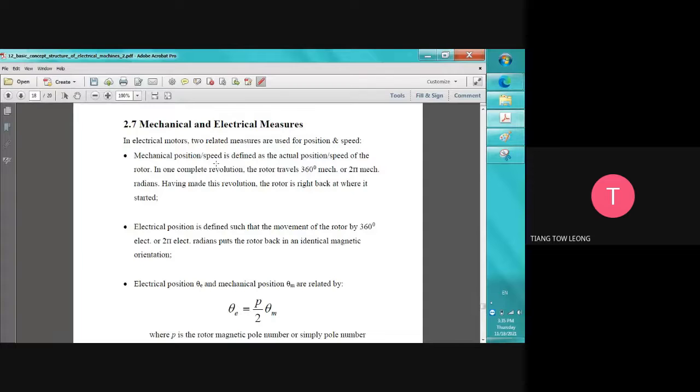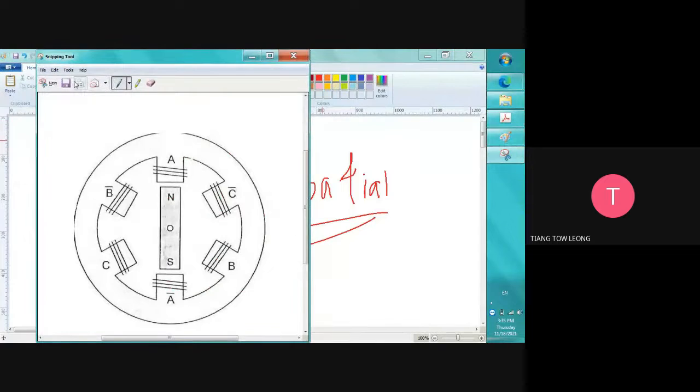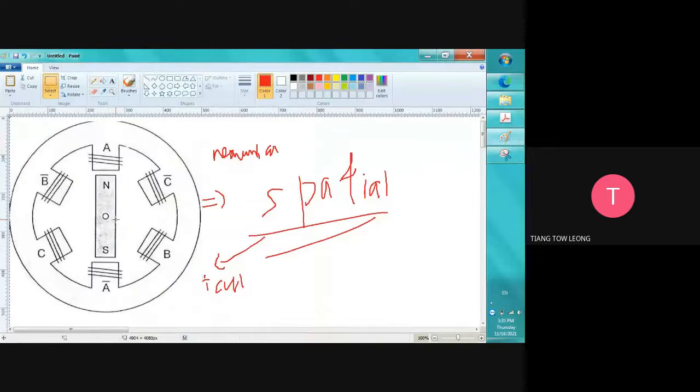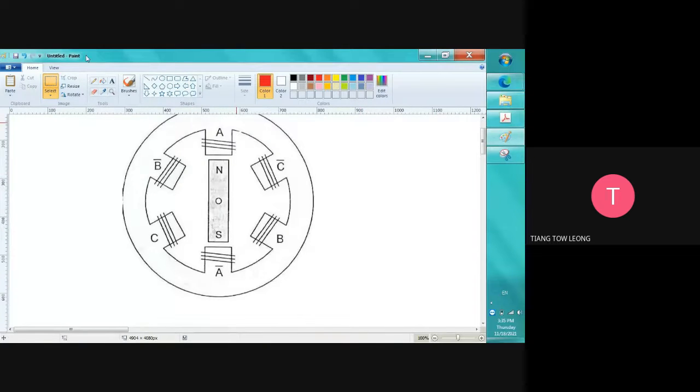In electrical motors, two related measures are used for position and speed. Mechanical position or speed is defined as the actual position or speed of the rotor. In one complete revolution, the rotor travels 360 mechanical degrees or 2 pi. So we have 2 types of measurement.